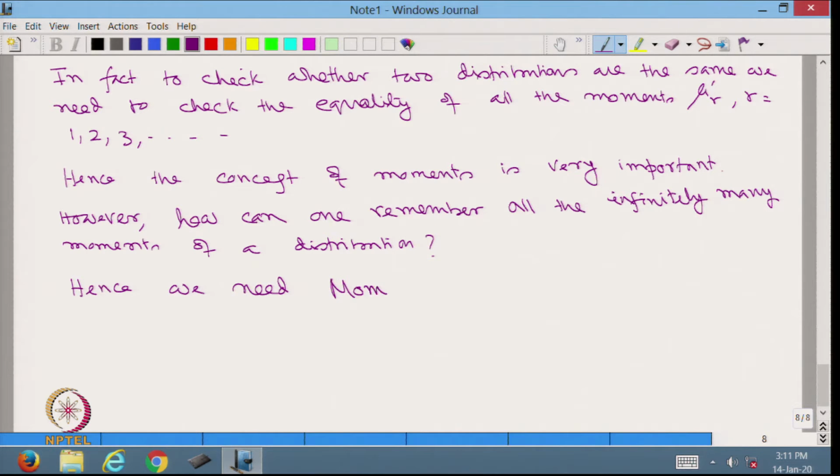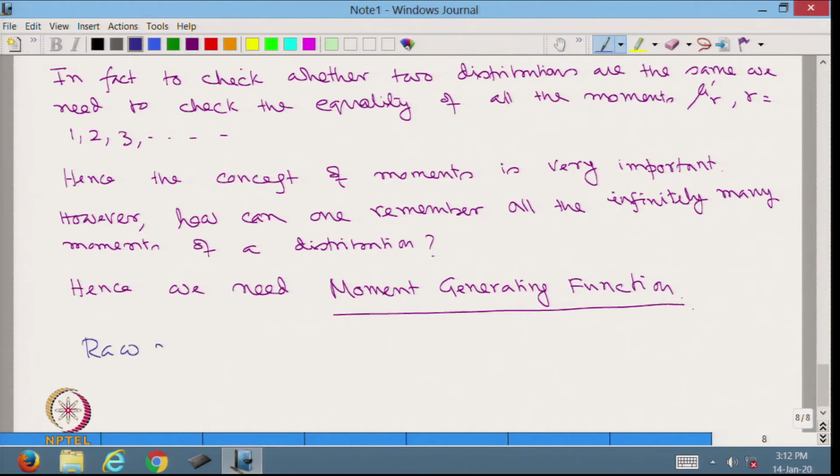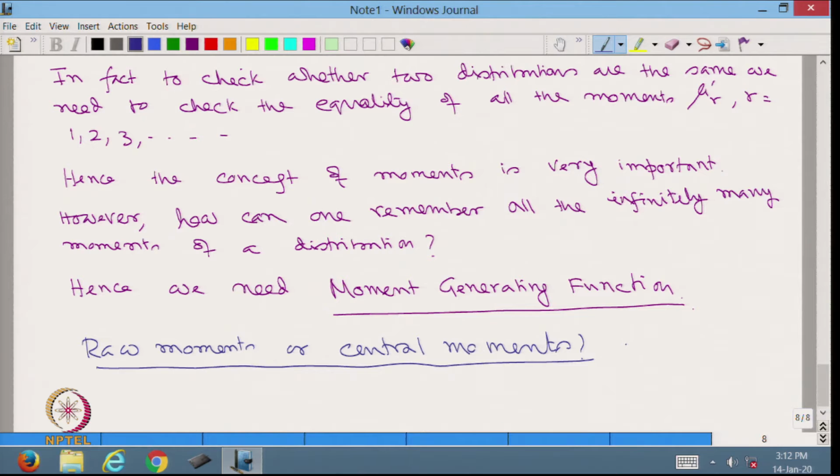Now, the question is raw moments or central moments? Often students think about which one is more important. Actually, they are very closely related, as we see now.